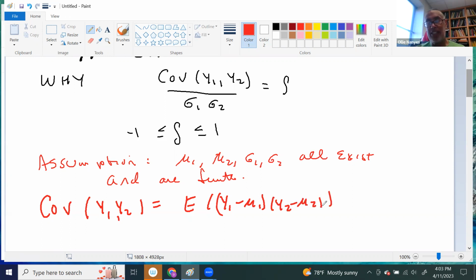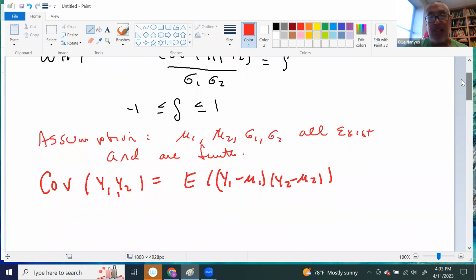You take the expectation of the product of these two things, and that's what the covariance is. Now let's go ahead and get started on the general result.